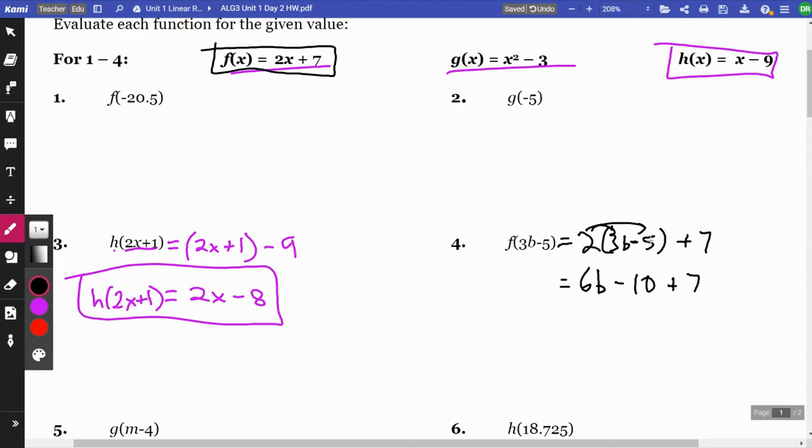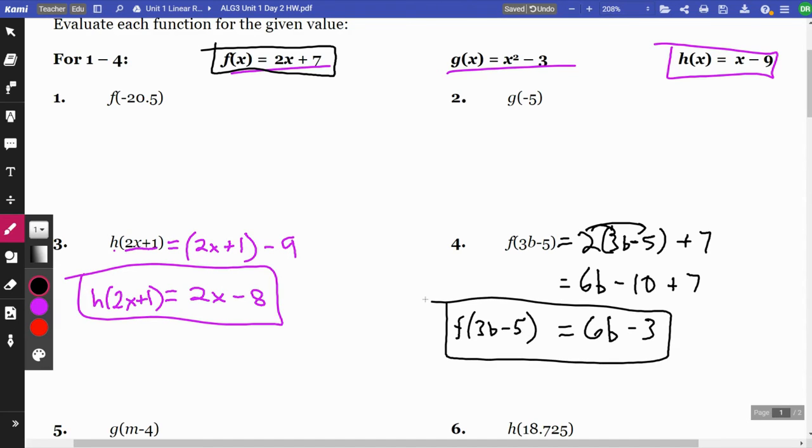So we're just left with one last step of like terms, the numbers without the variables. So this is 6b minus 3. So f of 3b minus 5 is 6b minus 3.